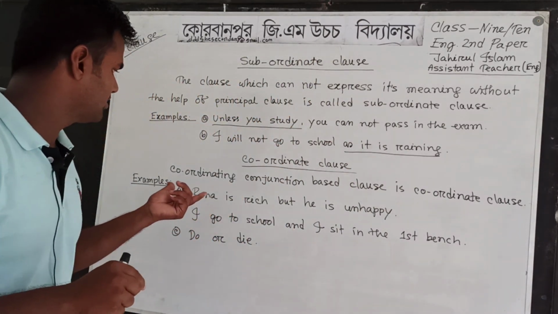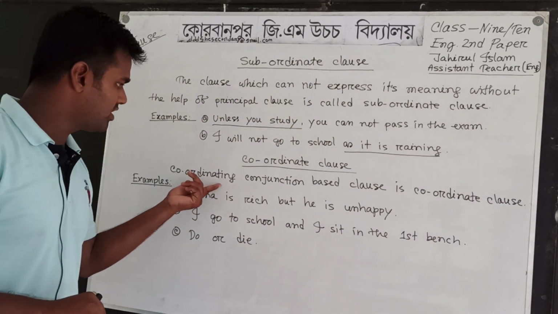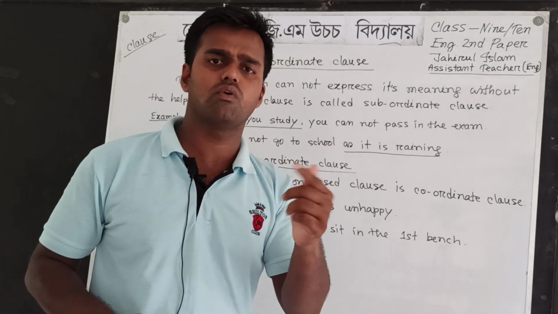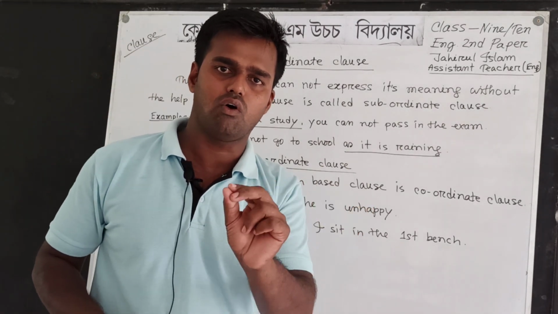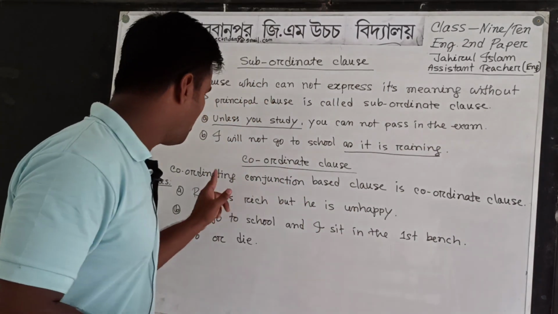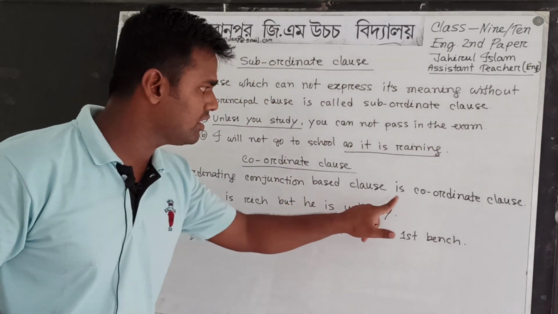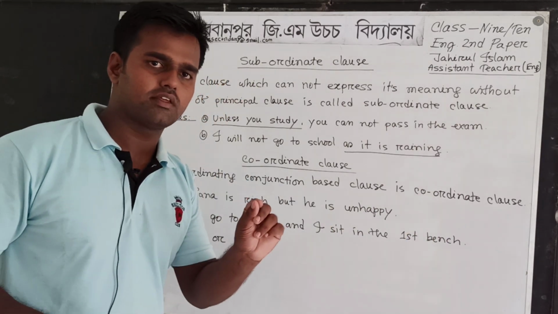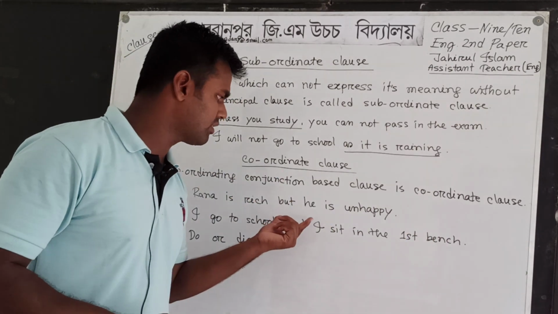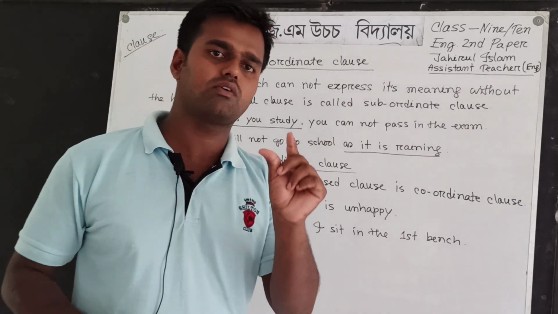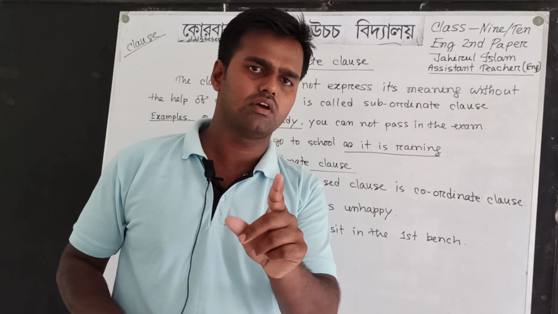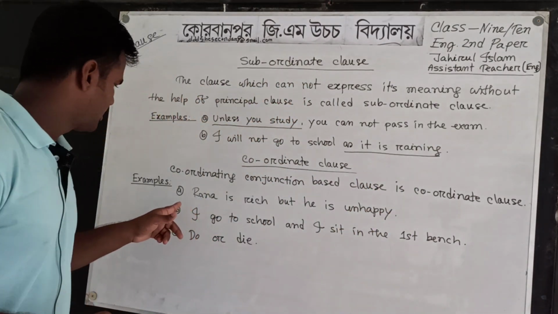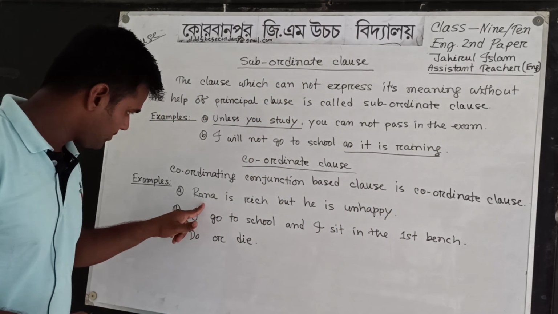Now I am telling the perfect definition. Coordinating conjunction based clause is coordinate clause. That means in a coordinate clause you will see the conjunctions and, but, or, not only but also. Any coordinating conjunction.